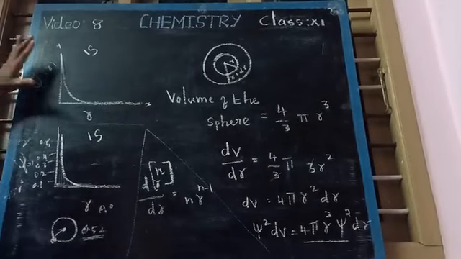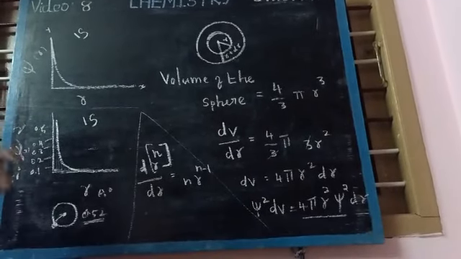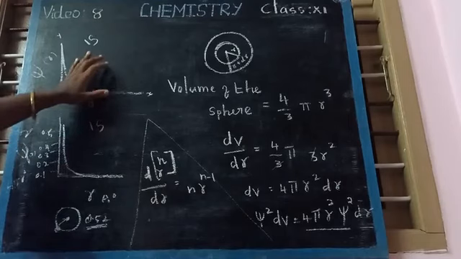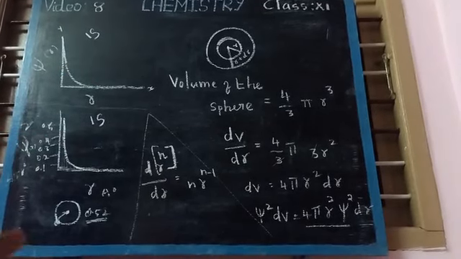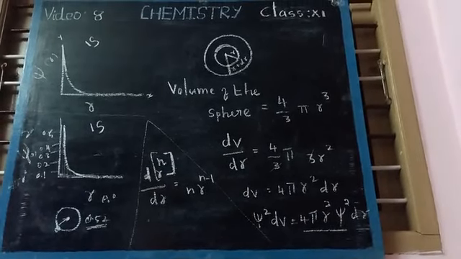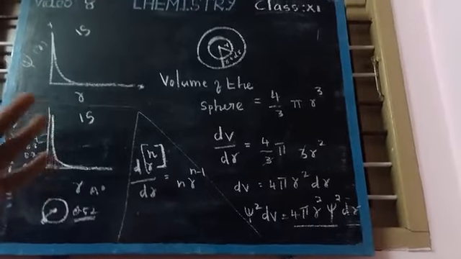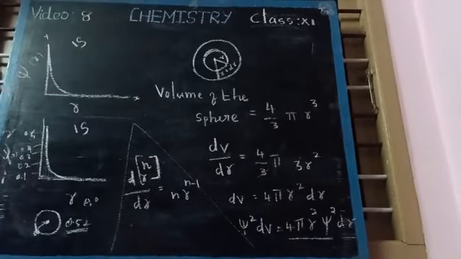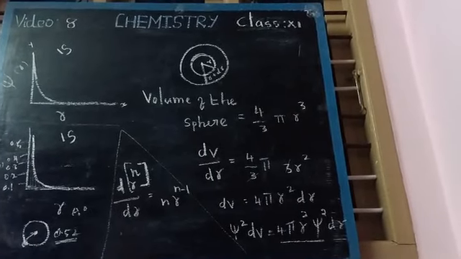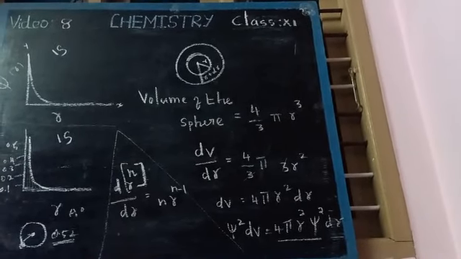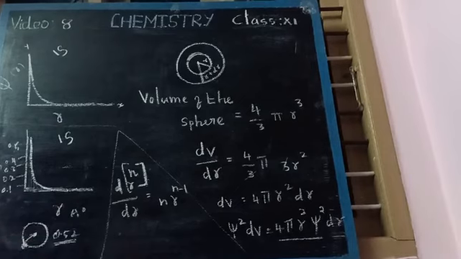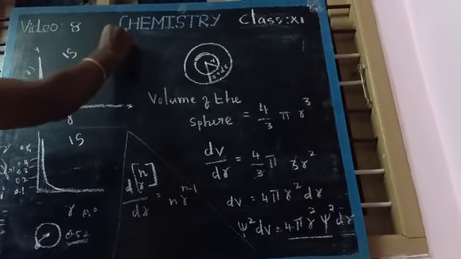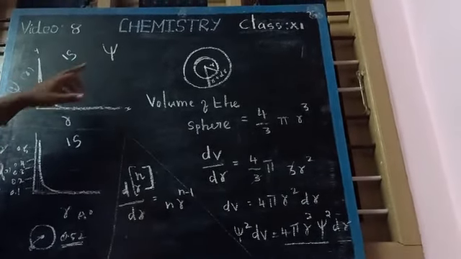So in this session we concentrate on the topic shape of orbitals: shapes of s, p, d and f. Now I am taking only 1s and 2s, children. Now talk about the wave function, ψ.